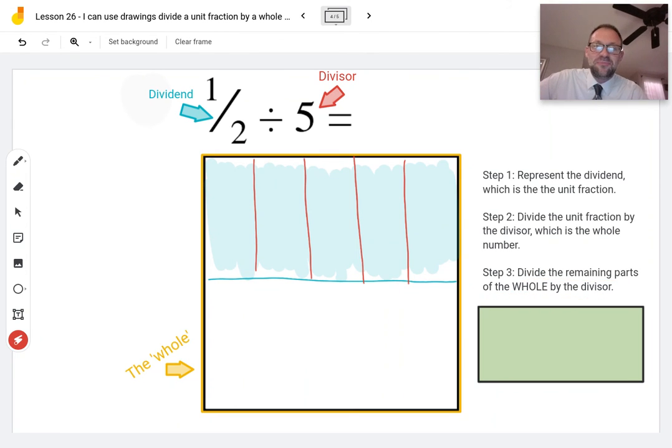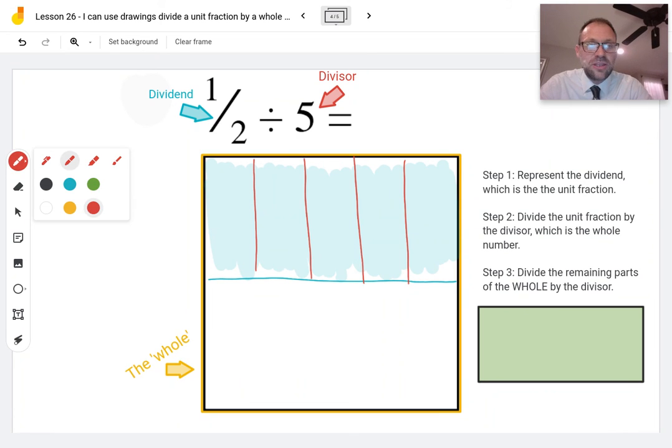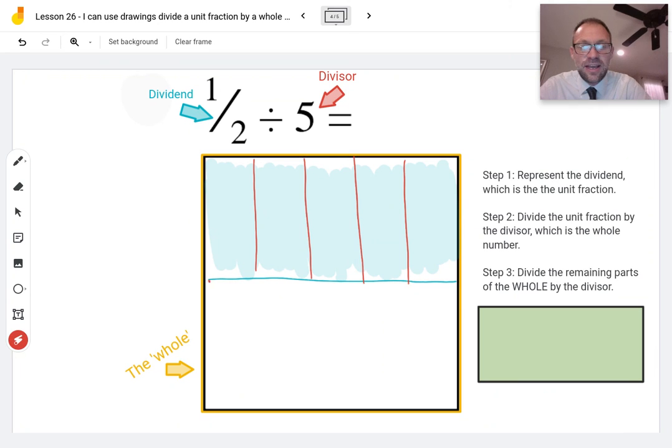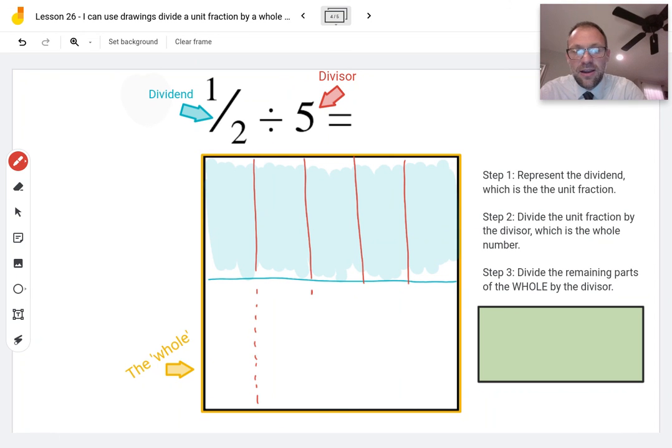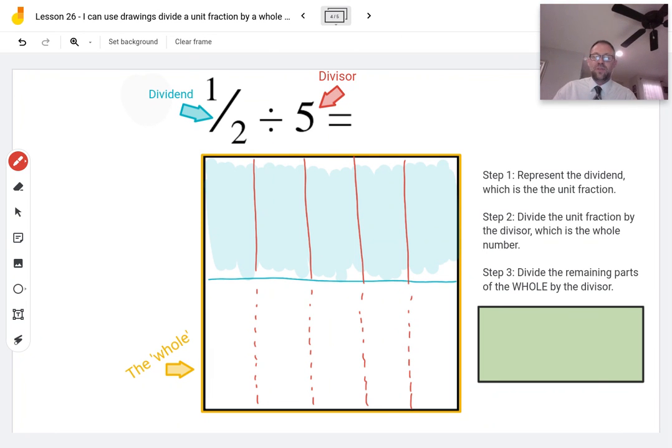Go ahead. All right. Did you do like I've been doing and use dotted lines to divide this other half by 5 as well? Right there, like that, and like that. There we go. We need to know how many parts are in the whole, right? Because that is going to help us get our quotient in the final step.